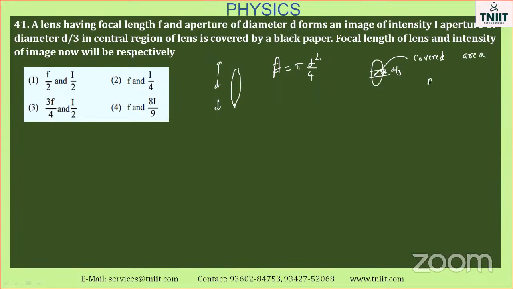The covered area A dash is pi times d by 3 by 2 whole square. Diameter by 2 gives radius. So A dash is equal to pi d squared by 36. 3 twos are 6, 6 squared is 36.